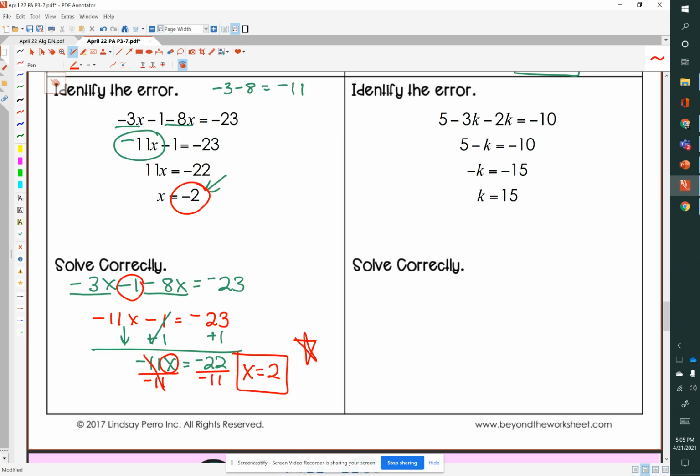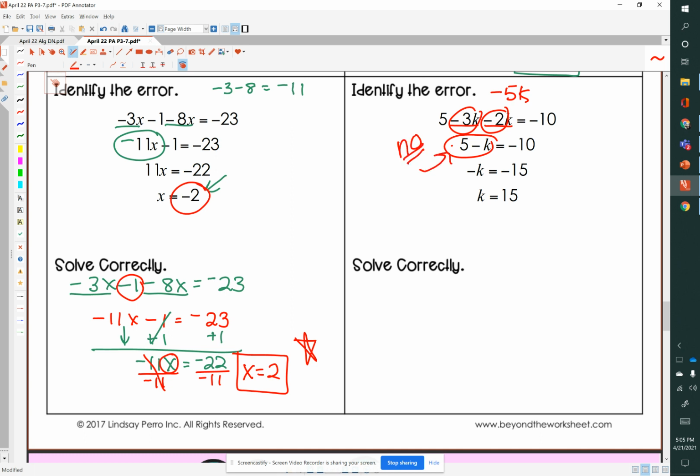And finally, our last problem, 5 minus 3k minus 2k equals negative 10. So we need to combine negative 3 minus 2, which should be negative 5k. And they put 5 minus k, which is an entirely different thing. Totally incorrect.